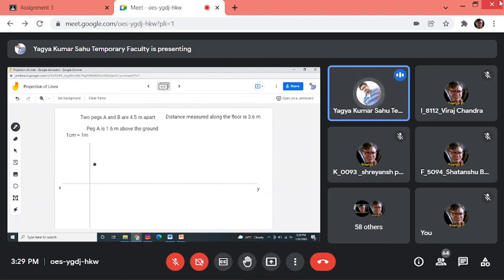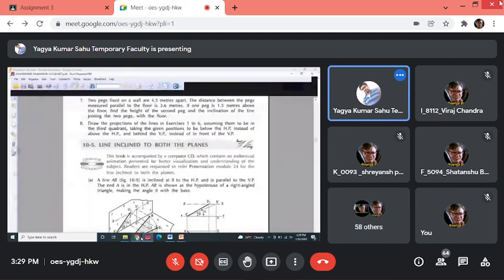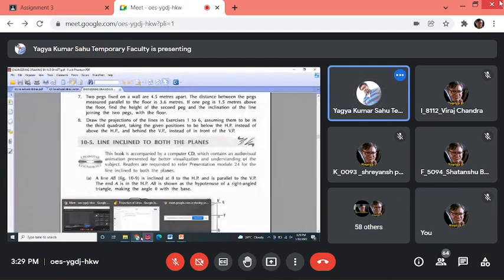Above means 1.6 centimeter above, you can easily locate A. Is it A or A dash? Small a or A dash? Anyone? A dash. Now what about A? What about the top view of peg A? Carefully read the question. You will get the second coordinate of end A, or you can say peg A.